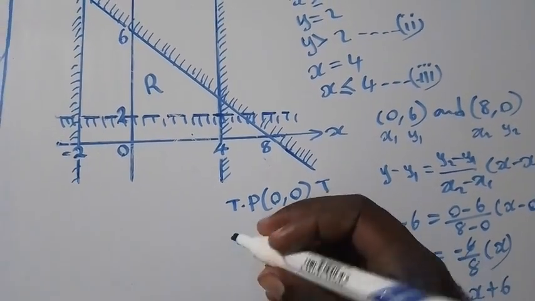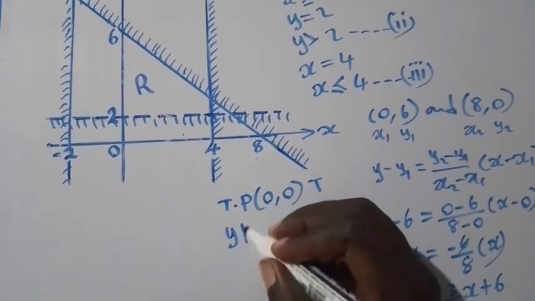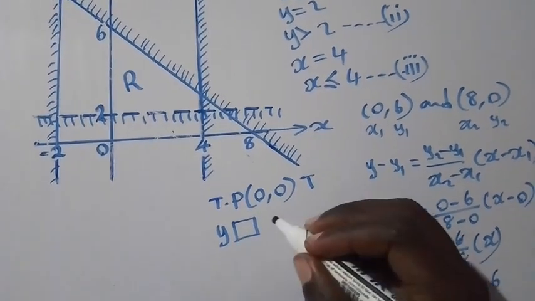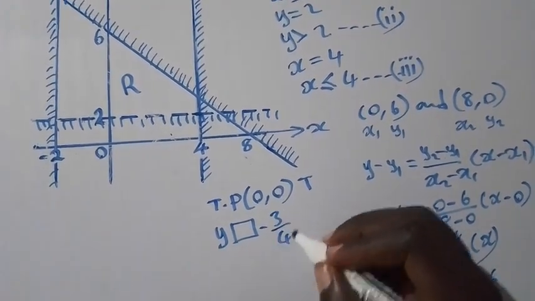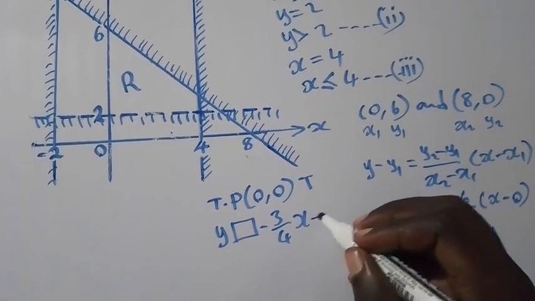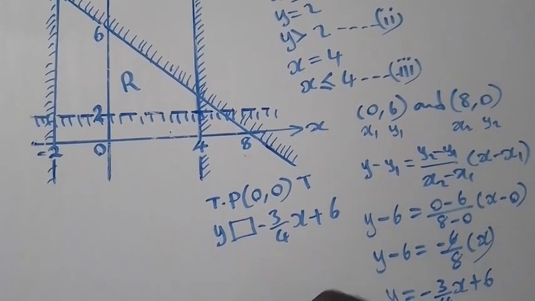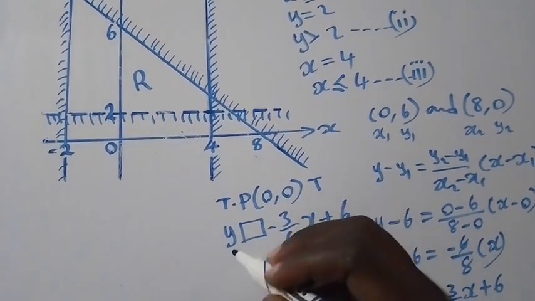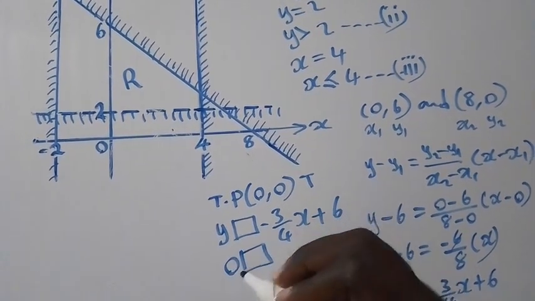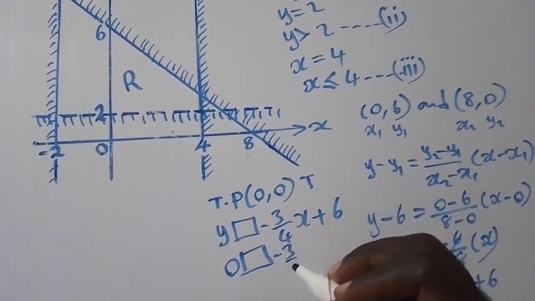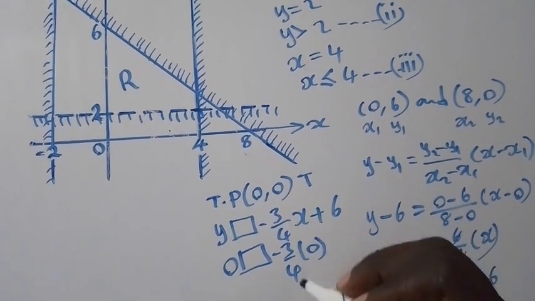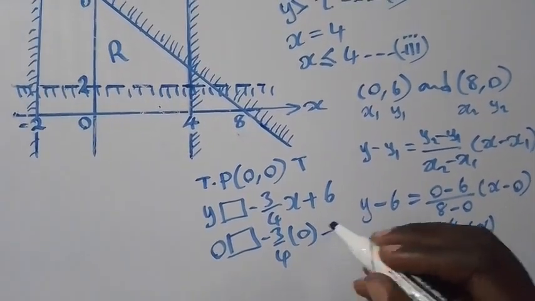So we'll say y box negative 3 over 4 x plus 6. Now where there is y, you replace 0, minus 3 over 4, where there is x, 0, plus 6.